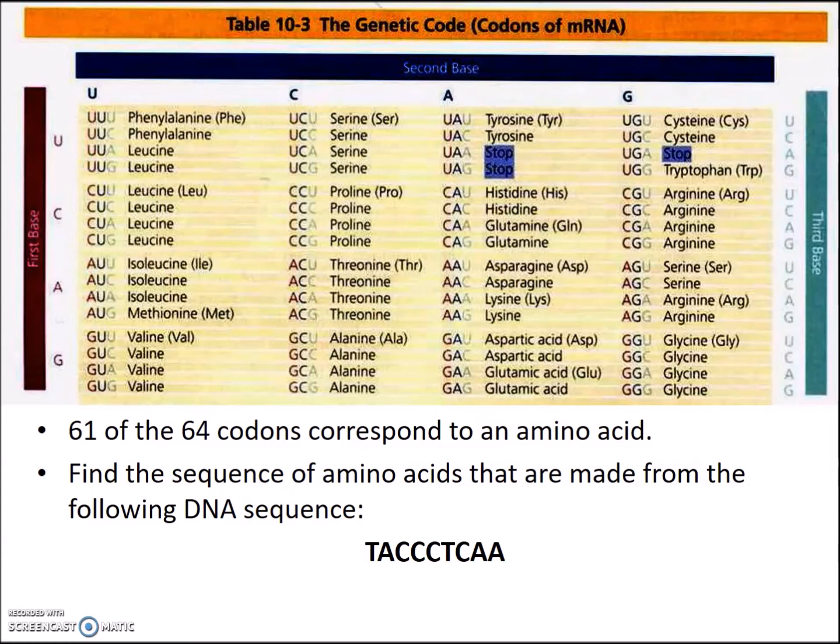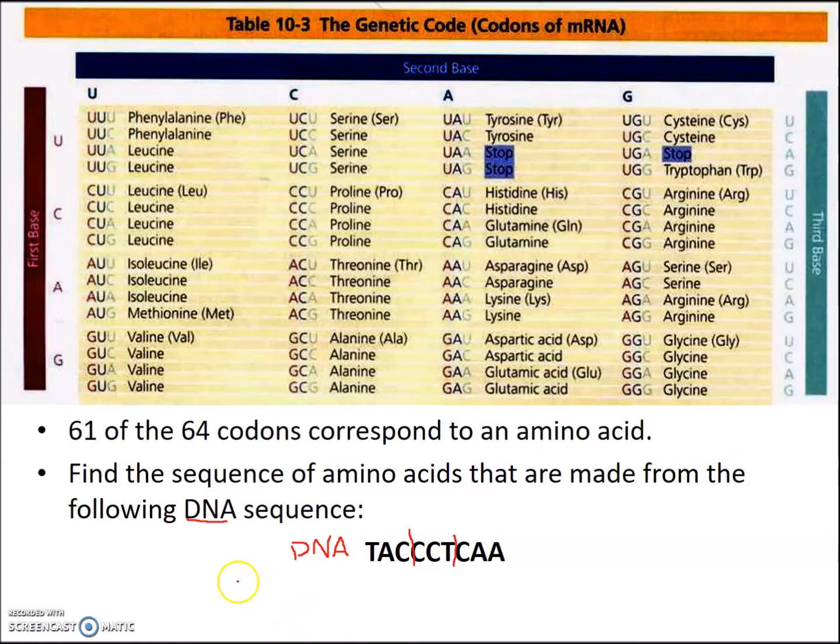We have a sequence of amino acids that are made from this DNA sequence. So here's a sequence of DNA, and it consists of this sequence of letters, TAC, and I'm going to divide these into triplets. I'm just drawing a little line here to say, let's chunk this. TAC, CCT, CAA.